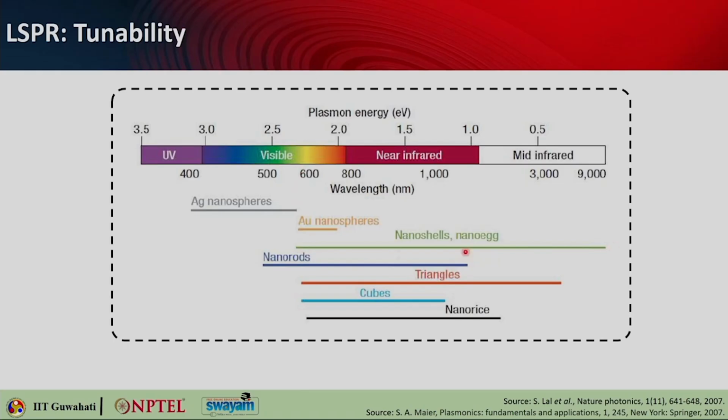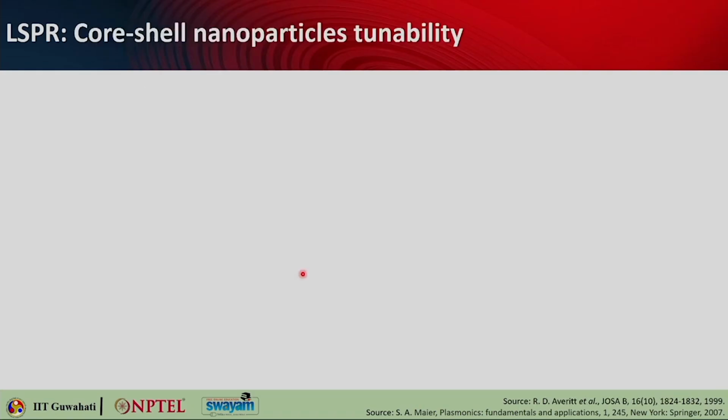Similarly, nanorods, triangles, cubes, nano rice, these are different shapes of the plasmonic nano antenna which allow you to achieve plasmon resonance at different wavelengths, and this is the tuning range. Just by changing the size of the particle you can go from this wavelength to this wavelength, or this to this for nanorods. So, that is a huge tunability.